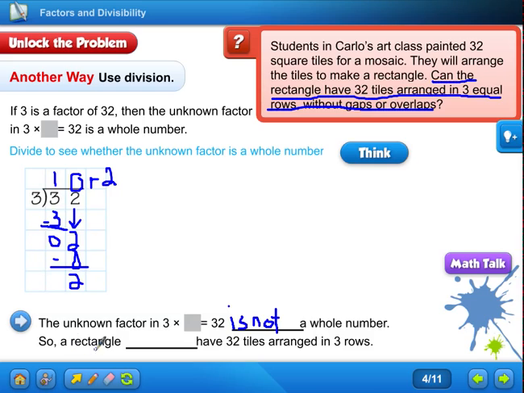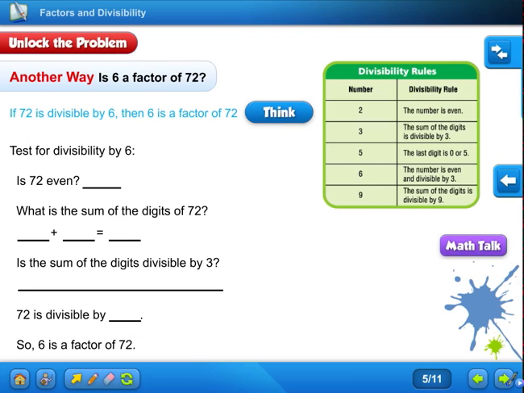So a rectangle cannot have 32 tiles arranged in 3 rows. They would have to figure out some other way to do that. All right, let's do one more real quick.